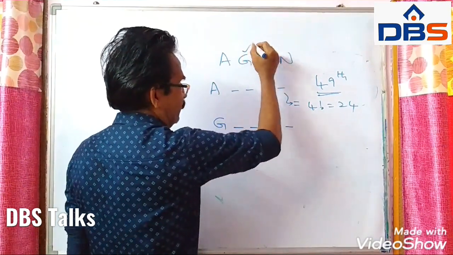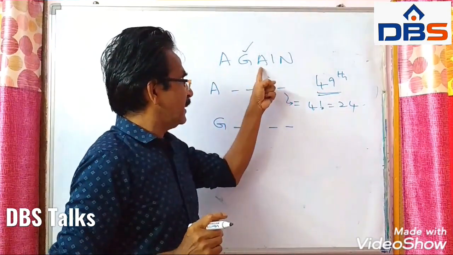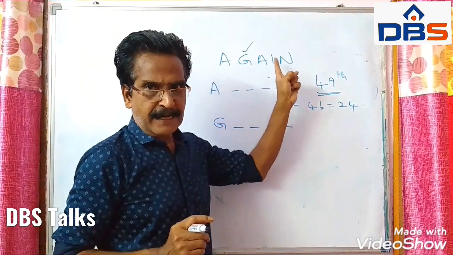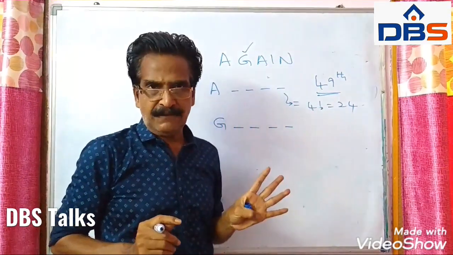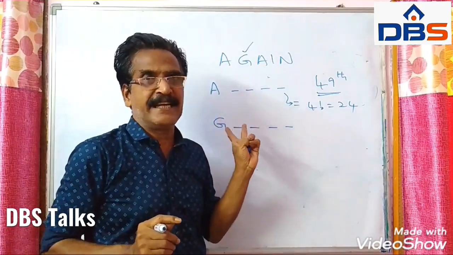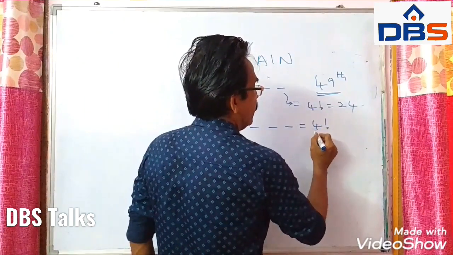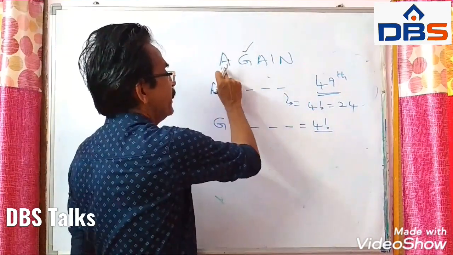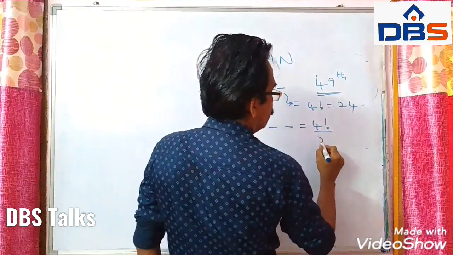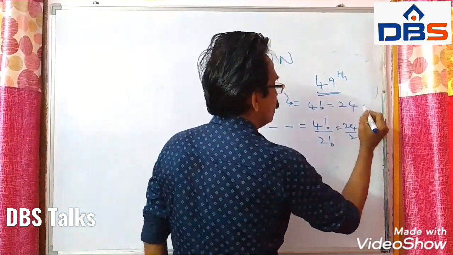So starting with G: if we take G in the first place, the remaining letters are A, A, I, N. 4 letters are there, of which 2 are similar, A. So 4 factorial by 2 factorial, that is 24 by 2, equal to 12.